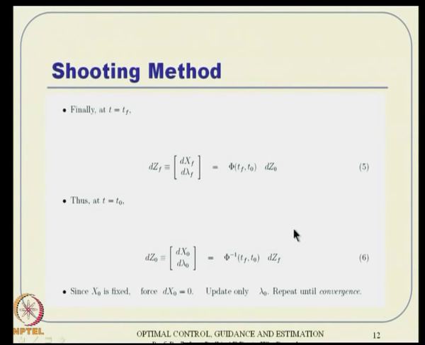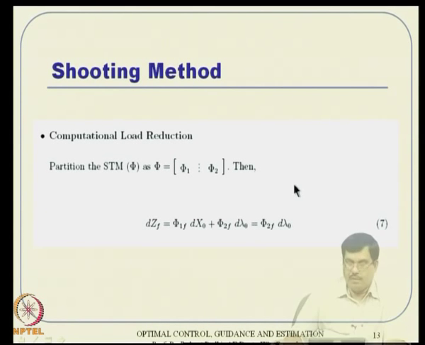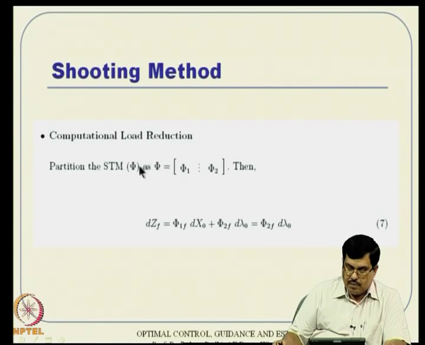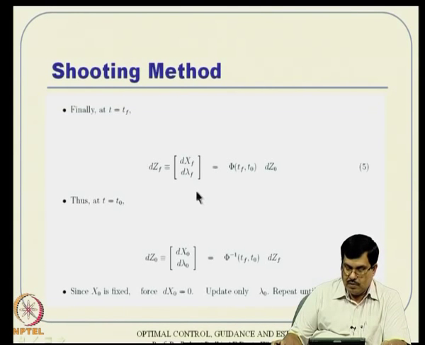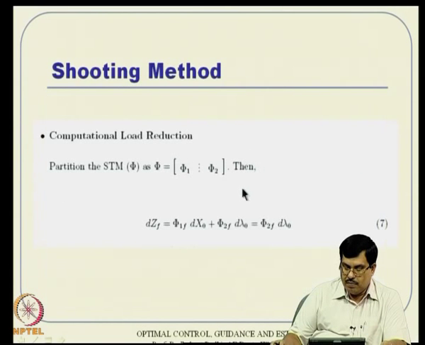This is fine if you can implement it this way. However, the procedure can be made computationally faster by this idea. You can partition this state transition matrix vertically, exactly in the middle, into φ_1 and φ_2. Then dz_f turns out to be φ_1f dx_0 plus φ_2f dλ_0.